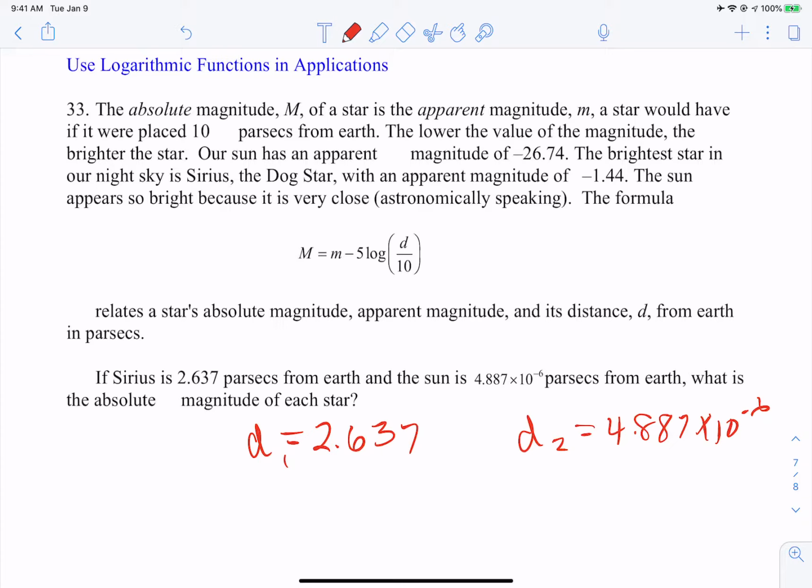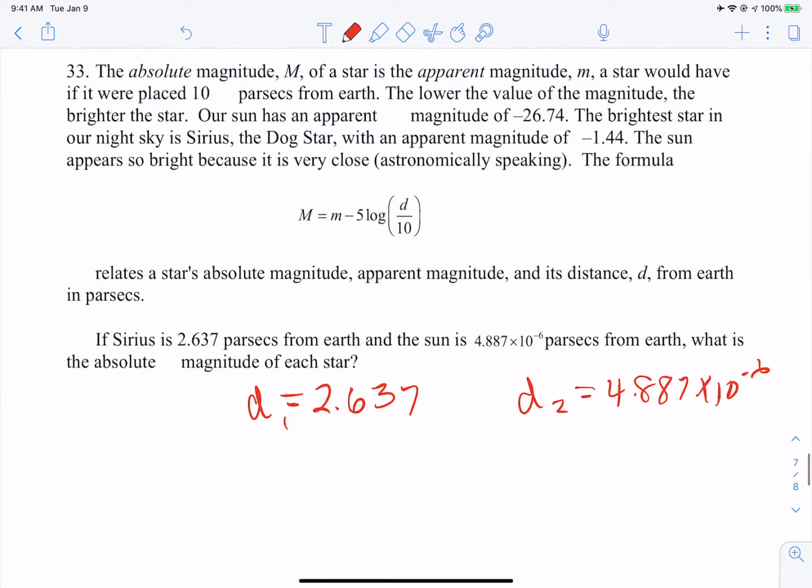So remember, the absolute magnitude we're doing is the large M. So we must have enough information to solve for the large M. So our sun has an apparent magnitude, so that's little m, of -26.74.